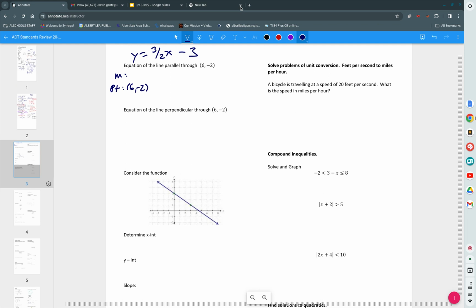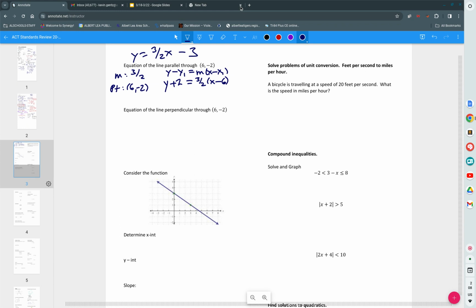Yep, 3/2. As we write the equation for the line, remember it's y minus y sub 1 is equal to m times x minus x sub 1. So that's a piece you should always keep in mind and remember. So this is going to be y minus negative 2, or plus 2, is equal to 3/2 times x minus 6.